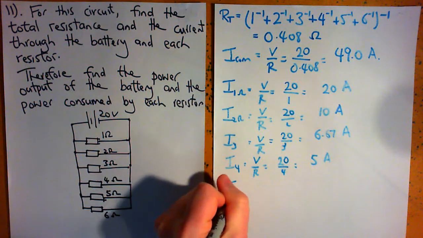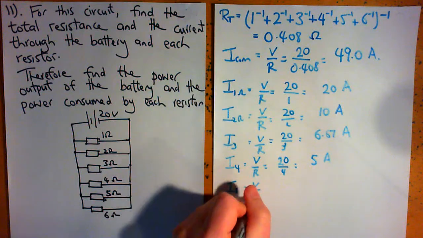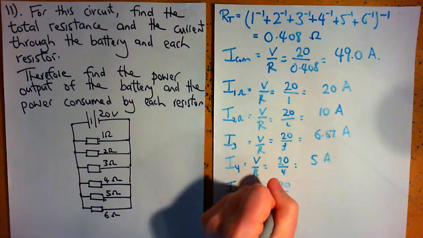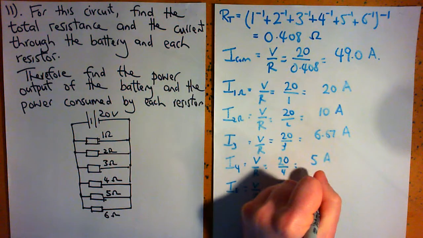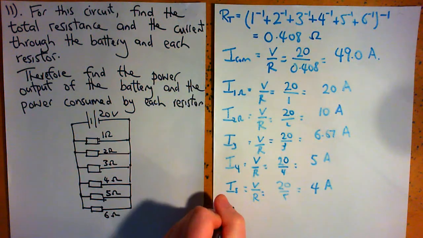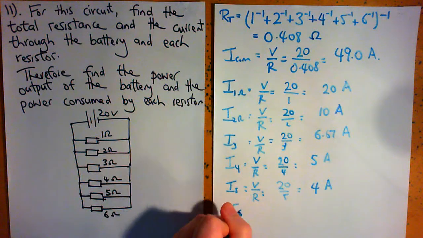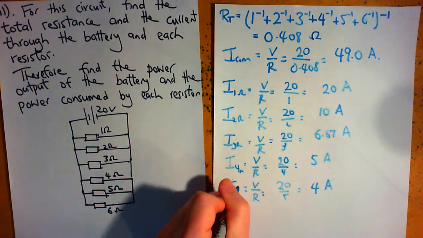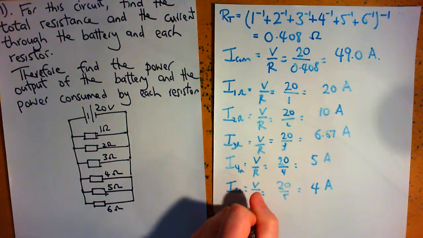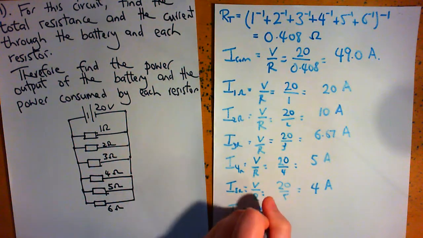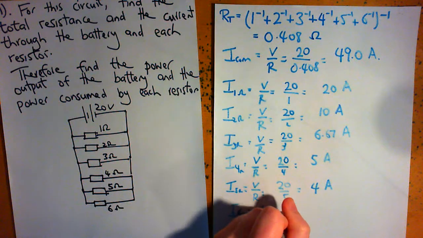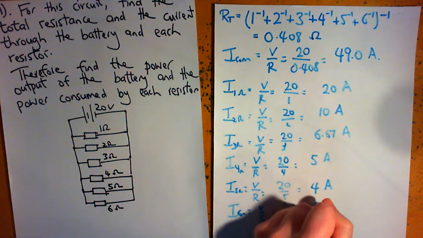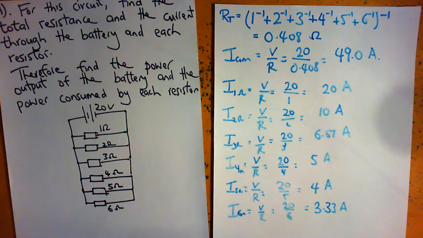Then for the 5 ohm resistor, we have V over R is 20 over 5, which is 4 amps. And for the 6 ohm resistor, we've got 20 over 6, which is 3.33 amps.